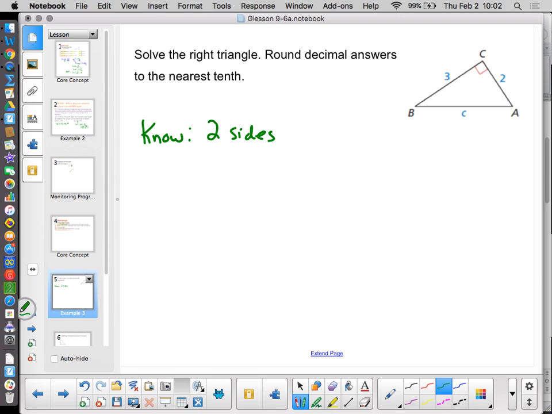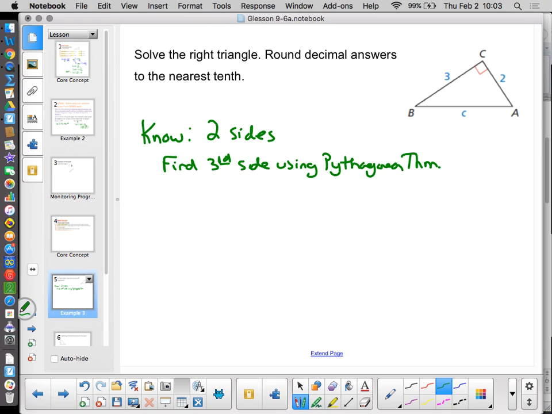And if I know two sides of a right triangle, how do I find the third side? When we know two sides, we find the third side using the Pythagorean theorem. Pythagorean is how I remember how to spell it.